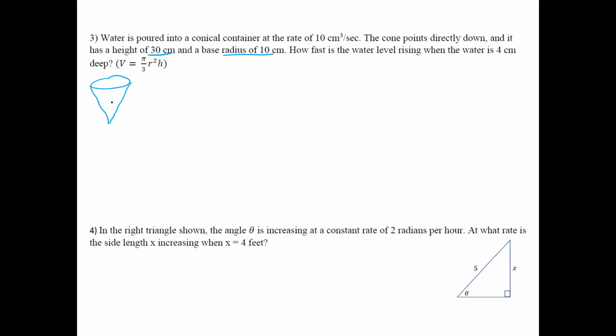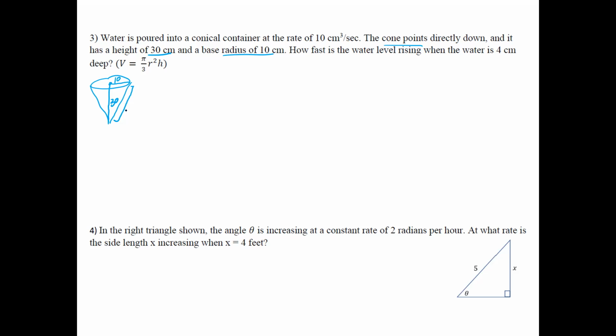Okay, so water is pouring into this. How tall is this cone? It says a cone pointed downward, a height of 30, and then the base radius of 10. So then I can figure out this part here, you can use the Pythagorean theorem if you need it.